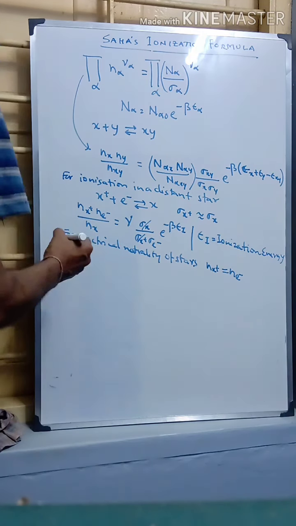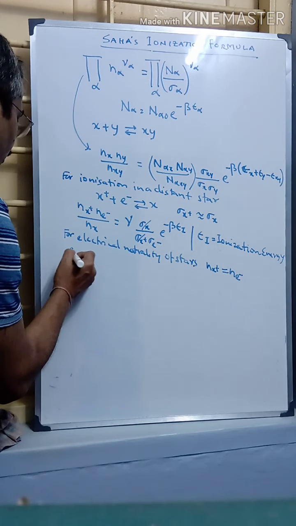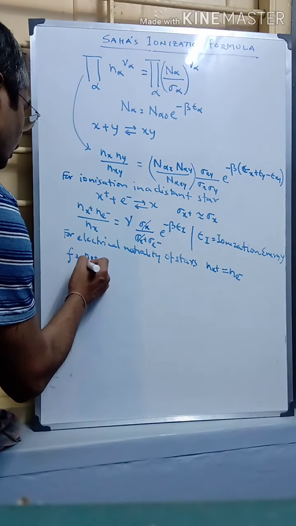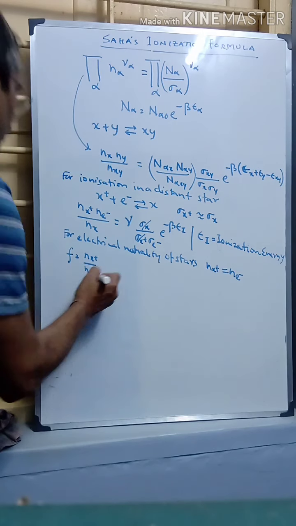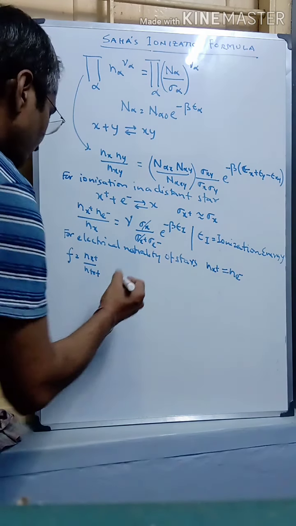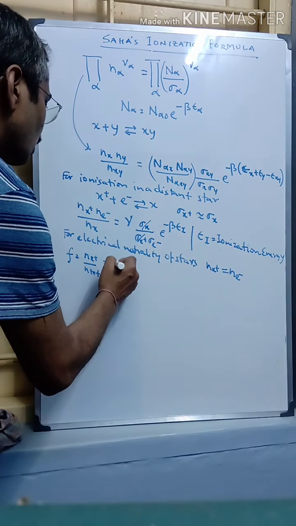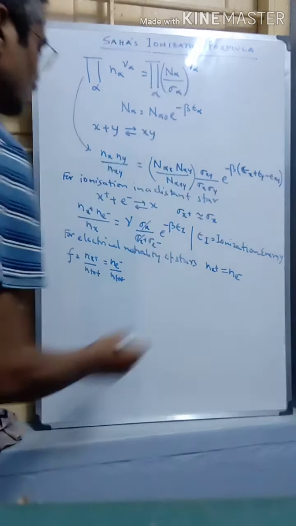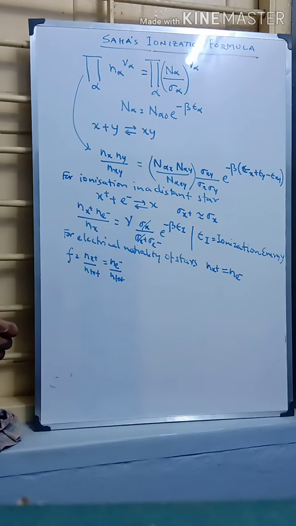And now if I define the fraction f as nx plus by n total, where n total is the total number of the species, the type of element, that should be equal to n e minus by n total, because we have nx plus. Then what would be nx?